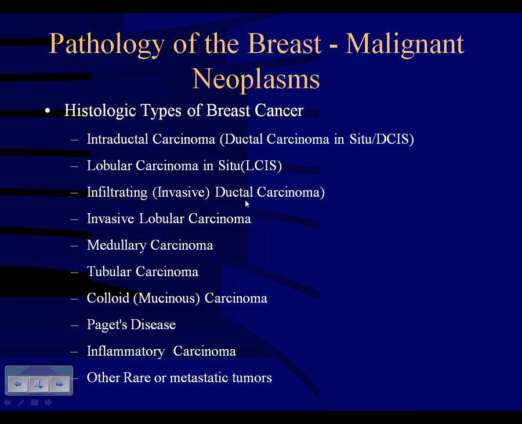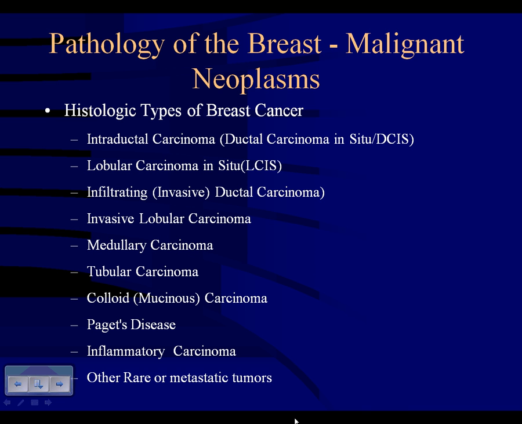These are the various types of breast cancer. Remember, all of them except for the last category here, other rare or metastatic tumors, which we'll mention briefly, are types of adenocarcinoma.